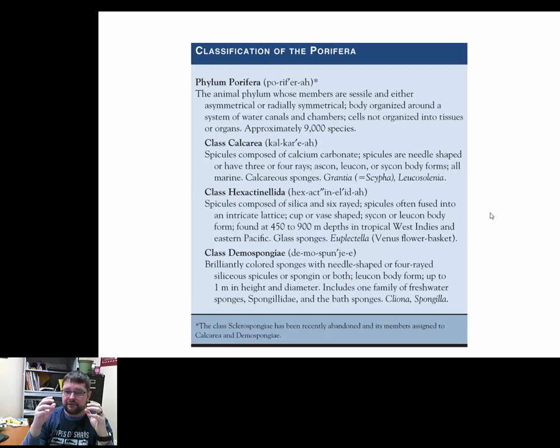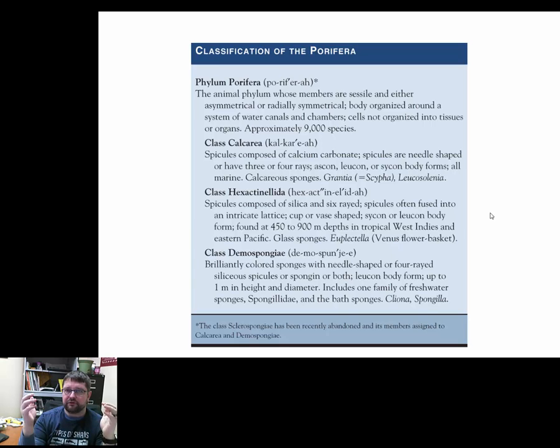And they're really fine, and like the name glass sponges suggests, they do break and shatter, and are fairly fragile in that sense. But again, there's no real flexibility to the outer surfaces. They're kind of rigid. So both Calcarea and Hexactinellida have that rigidity.